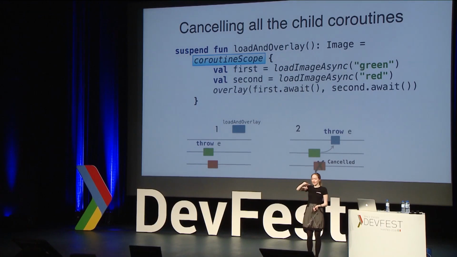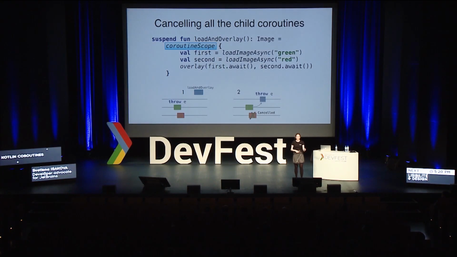So now with structured concurrency and the introduction of coroutine scope, you can specifically start your new coroutines in some context, and they are automatically processed. Their life cycle depends on their outer scope.